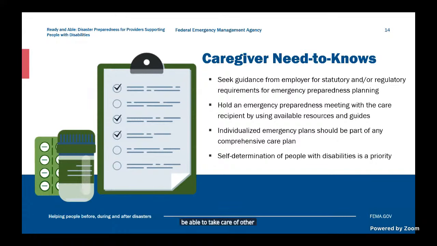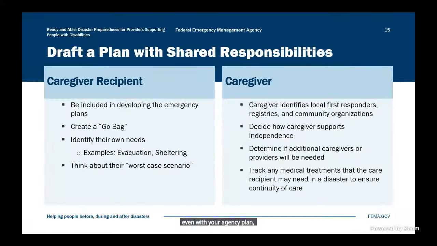And so, something we also emphasize at FEMA is including people with disabilities in the process as a priority. So, at every stage that you can, even with your agency plan, include the person with a disability in that planning stage.